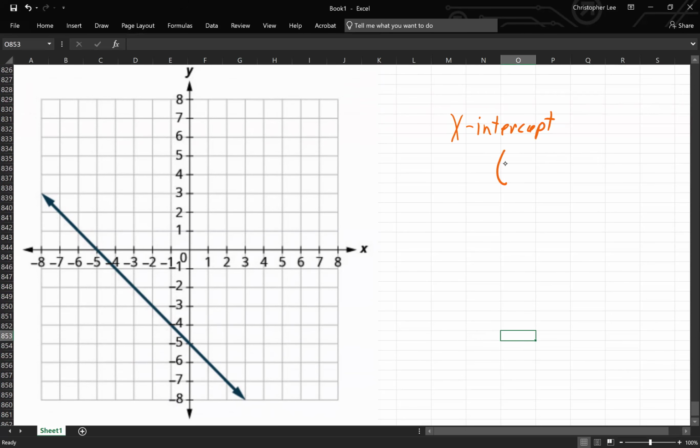Somebody tell me. -5 what? All right, -5 comma 0. All right, what is my y-intercept? Yep. This is 0 comma -5. All right. So here and here.